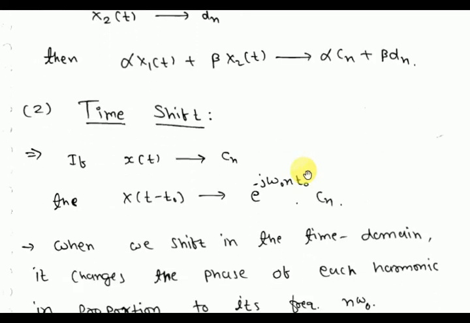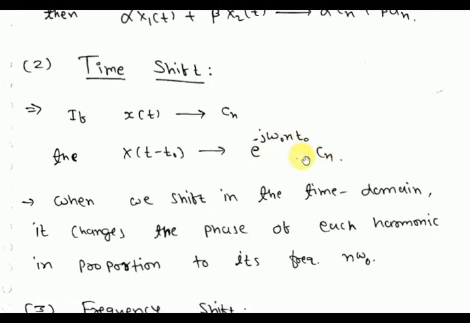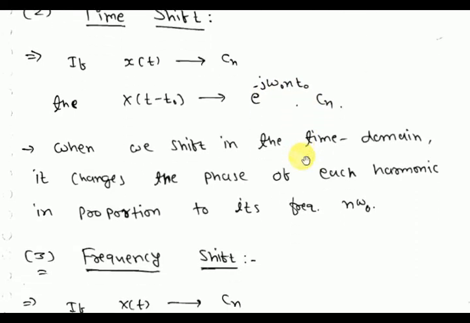Second property of Fourier series is time shifting. If x of t has Fourier series coefficient Cn, then x of t minus t naught will have Fourier series coefficient e to the power minus j omega naught n t naught into Cn. So shifting in the time domain corresponds to multiplication by an exponential in the frequency domain, with the same sign: here minus t naught, and there also minus.